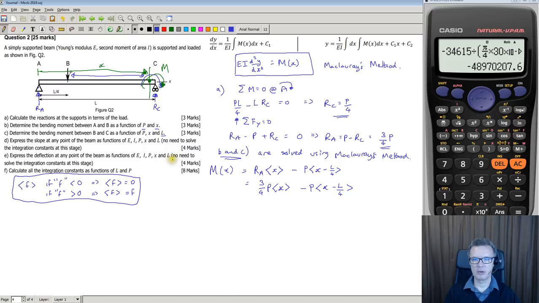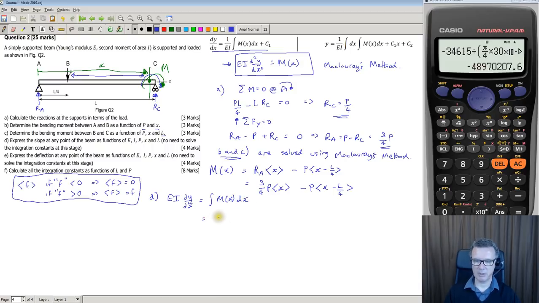Express the slope. So to find the slope, we're going to be doing this equation here. And I will keep my E and I on the left-hand side. So EI, I'm going to integrate this equation once. So the left-hand side becomes first order differential. And on the right-hand side, we need to integrate our Mx function.